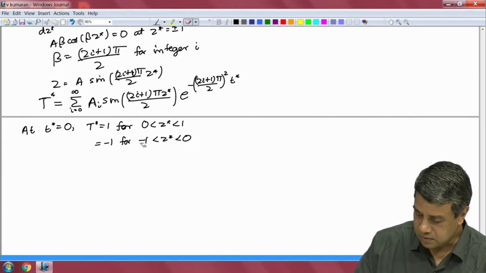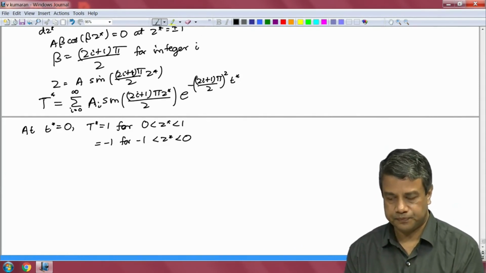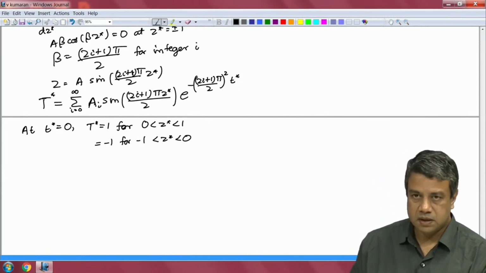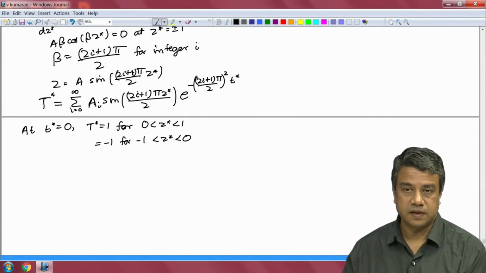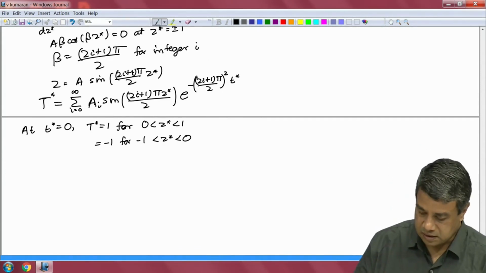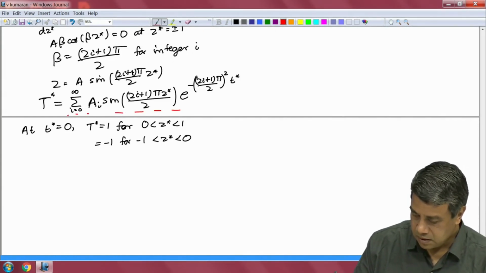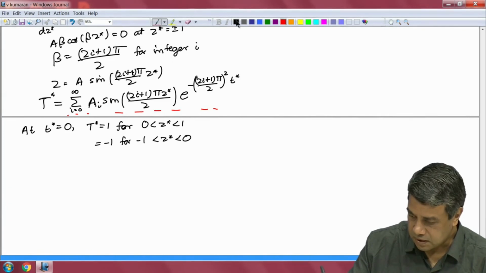It is +1 in the top slab and -1 in the bottom slab. So, it is a discontinuous function at the interface, and therefore, this solution has to be a discontinuous function at the interface.